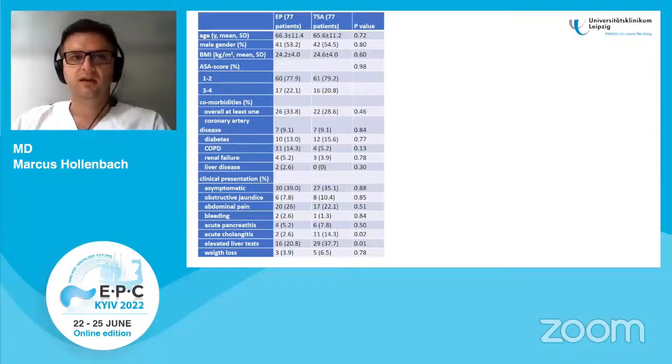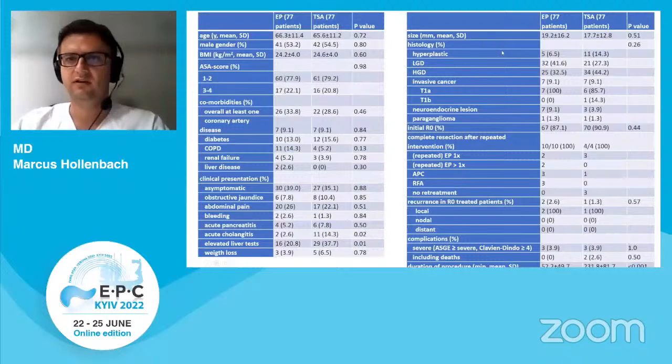If we focus on the EP and the TSA group, we can clearly see that the baseline criteria regarding age, gender, BMI, ASA score, comorbidities, and clinical presentation of the patients were quite comparable. If we look at the outcomes, you can see that the lesions were not significantly different in size and in histologic subtype.